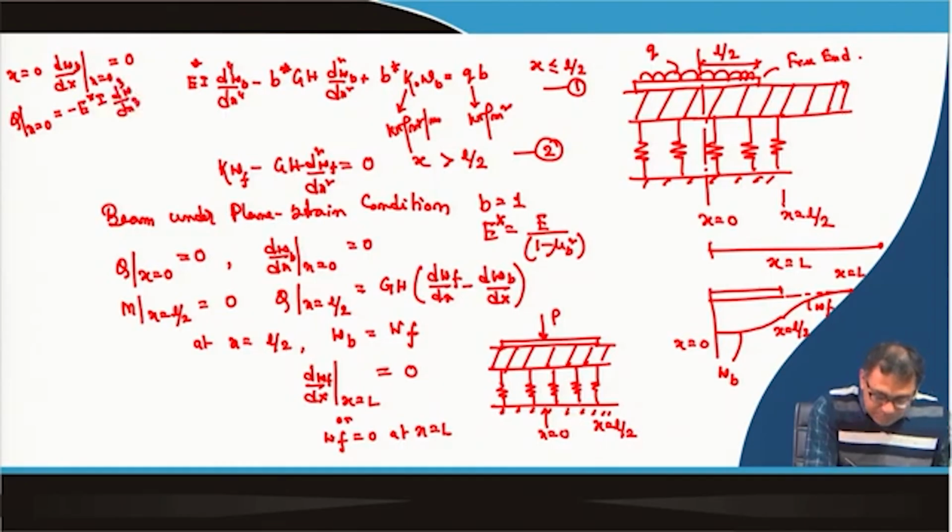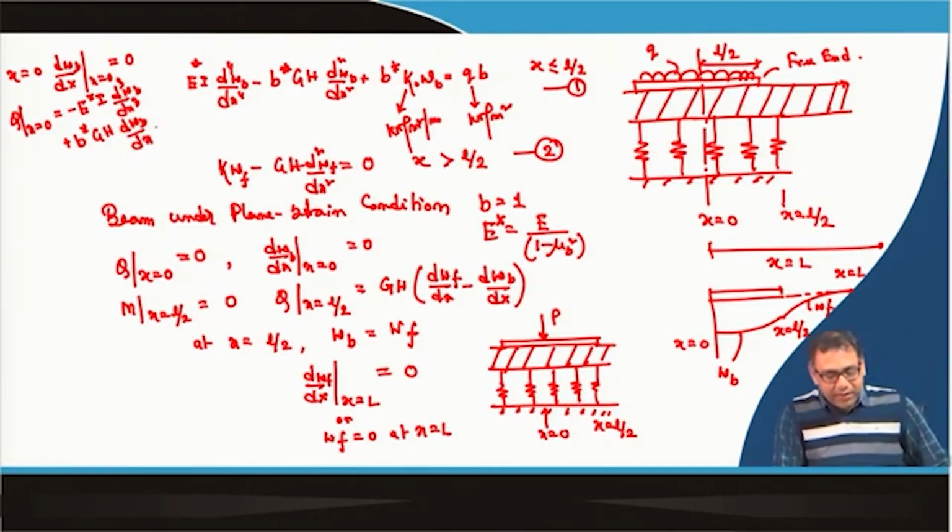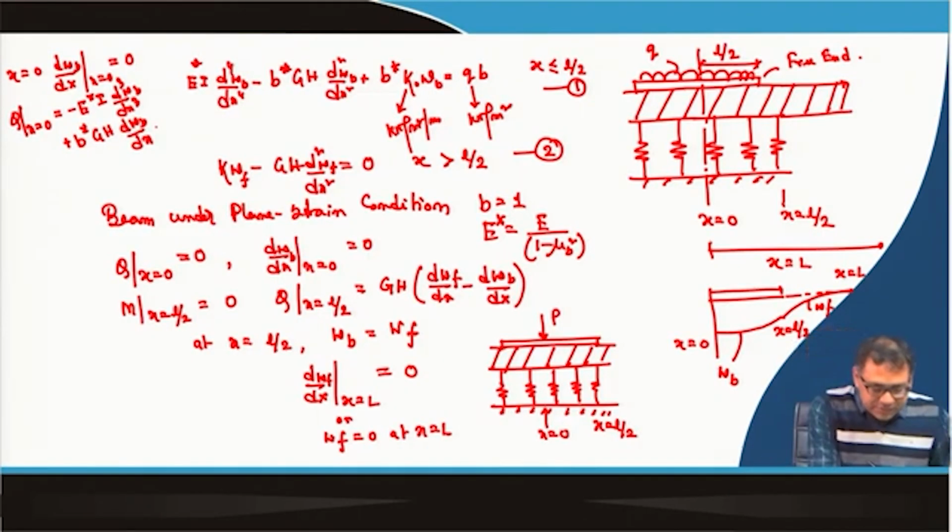This equation is valid if the beam is resting on a Winkler spring, but if the beam is resting on a 2 parameter model, then you have to add this B star GH dWb dx, because this second contribution is due to the shear layer. So, if it is a spring, your shear force expression is simply minus E I d3 W dx3.